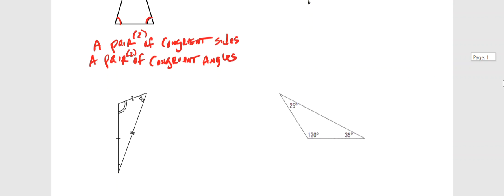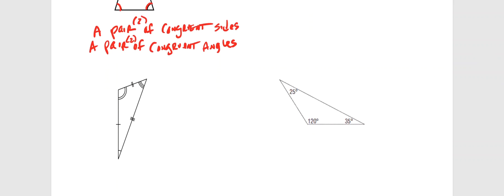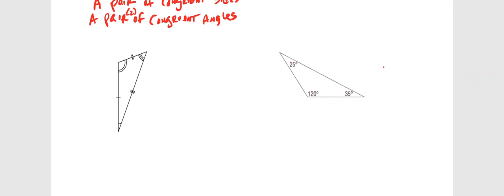The last triangle we have, there is nothing that is congruent. Okay, so this last one, you notice we have a single tick mark there, a double tick mark on that next side, and a triple tick mark on that third side. That means these side lengths all have their own measures. You also notice that the angles, there's a single arc that tells us there's one unique measure for that angle. There's a double arc here, which means there's a different measure for that angle.